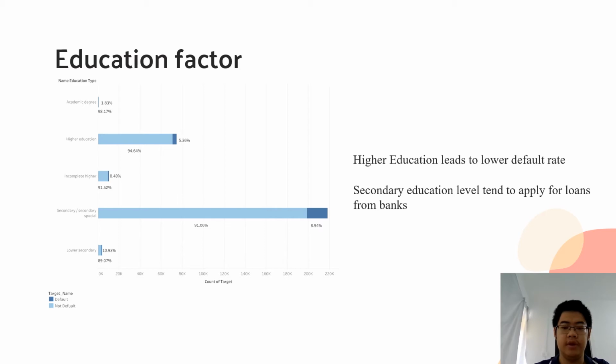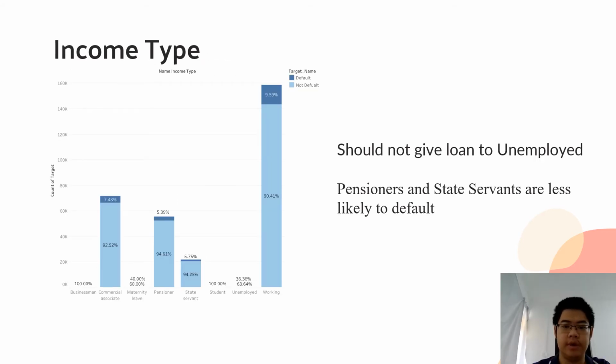So we need to carefully decide whether or not to give loans based on education levels, because there is a very large difference between those from college and those from secondary education. From the chart, we can see that we should not give loans to the unemployed. It is also a better decision for banks to lend money to customers with income type pensioner and state servant because they are much less likely to default.